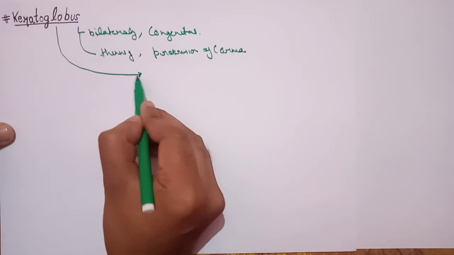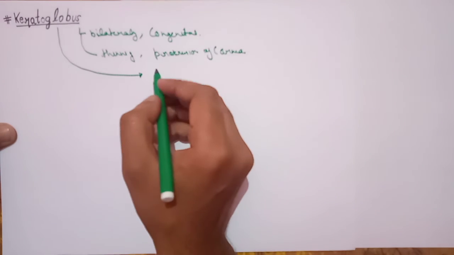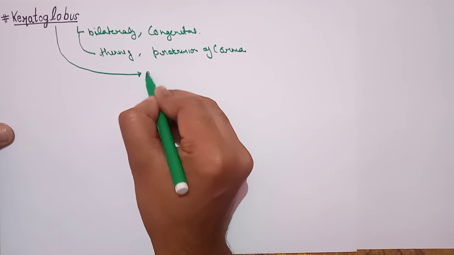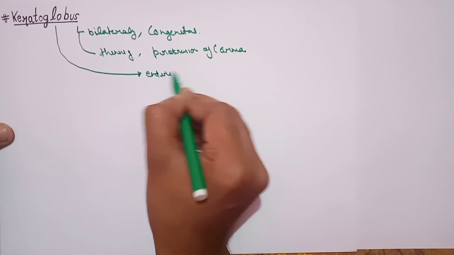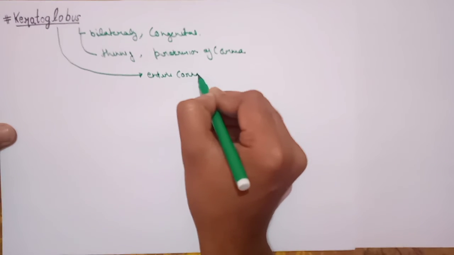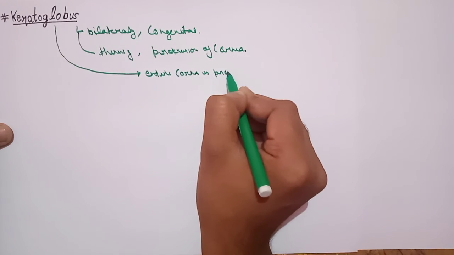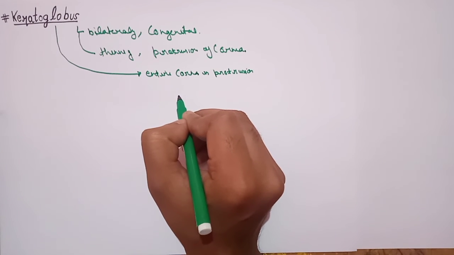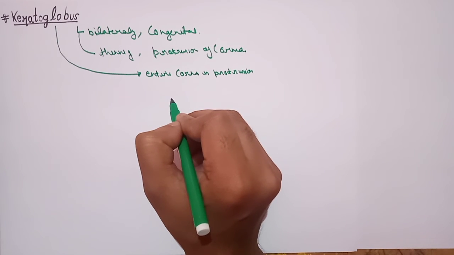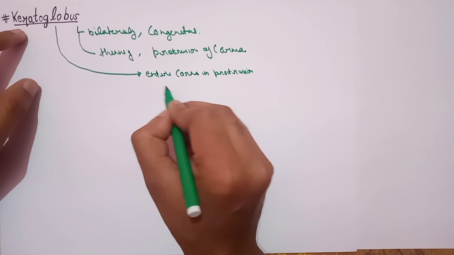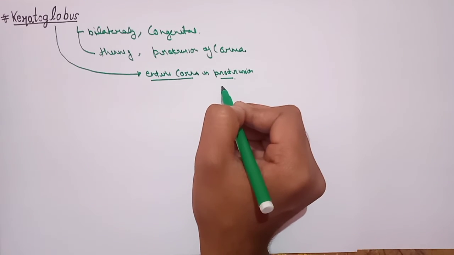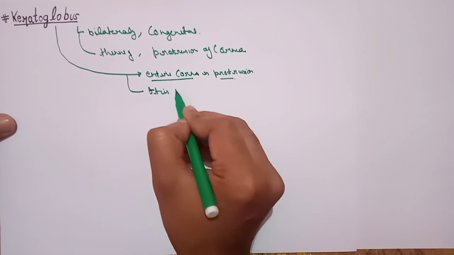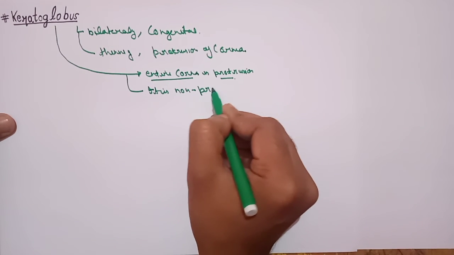The main difference is that in keratoglobus the whole cornea is thinned and the entire cornea protrudes. In keratoconus, there is only central thinning and a central shape. In keratoglobus the whole cornea protrudes. It is also non-progressive.